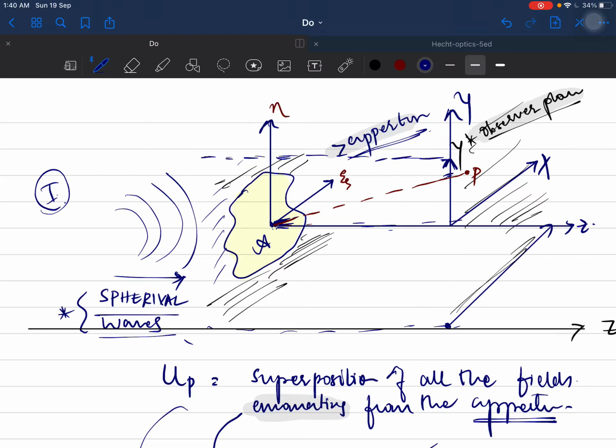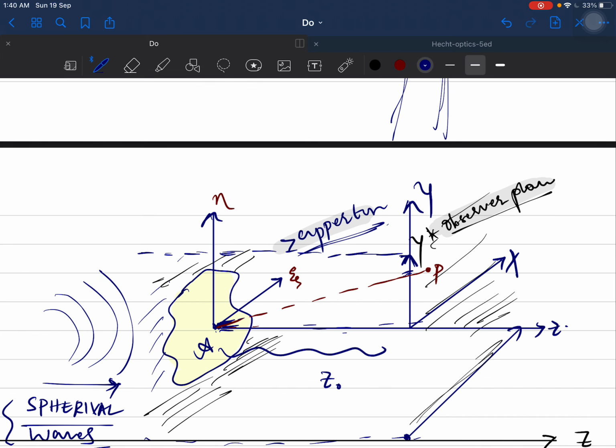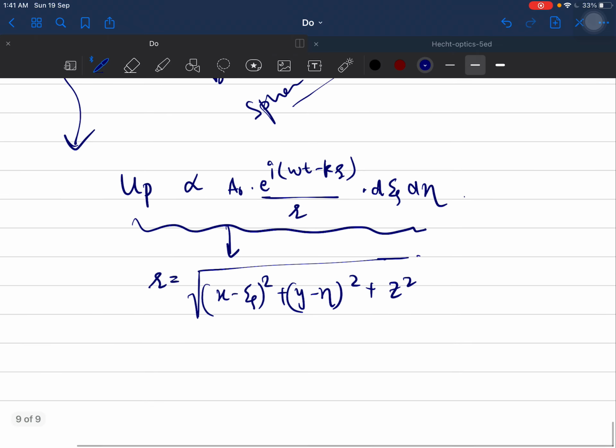R is the distance from the observer plane to the xi-eta plane, the square root of xi squared plus eta squared plus z squared. Assume this is z naught. Let's say z only.